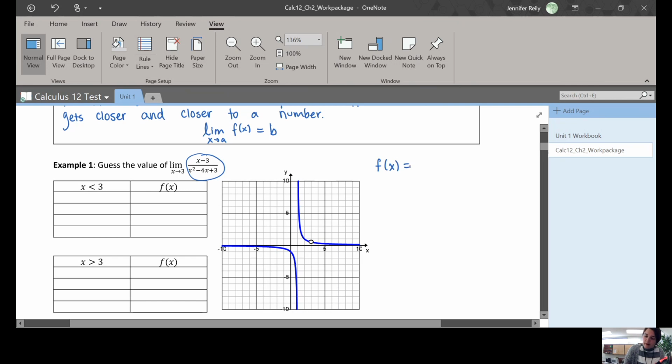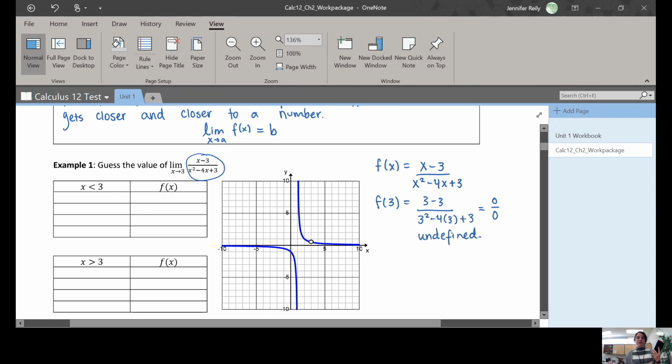So I'm going to write this over here. Let's try to plug in f of 3. So we get 3 minus 3 over 3 squared minus 4 times 3 plus 3. And what we would find out is that we get 0 over 0, which is undefined.